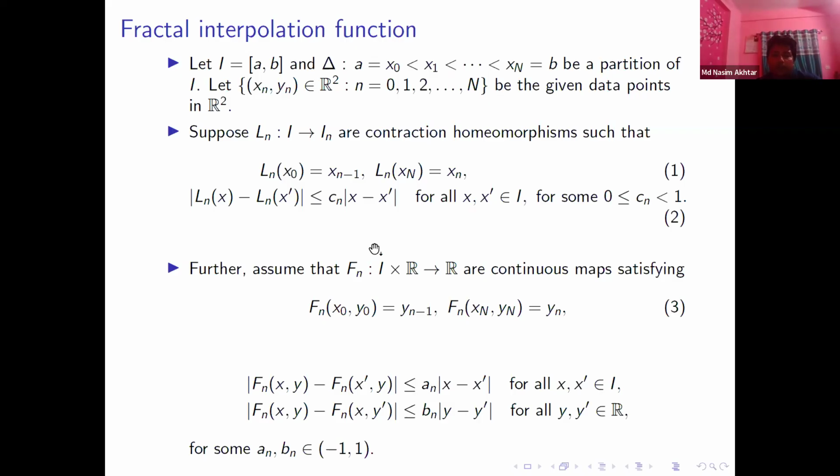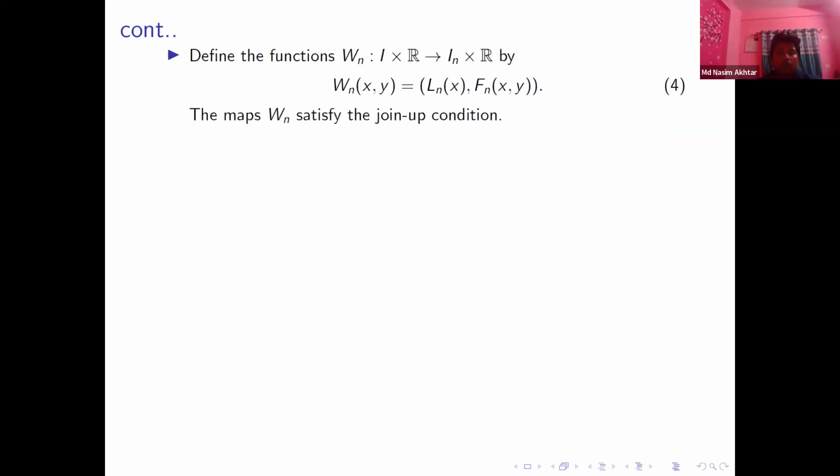Further, we assume that Fn is a continuous map satisfying the join-up condition and is Lipschitz with respect to the second variable. If one defines Wn from I cross R to In cross R, where Wn is defined as (Ln, Fn), then this map Wn also satisfies the join-up condition.